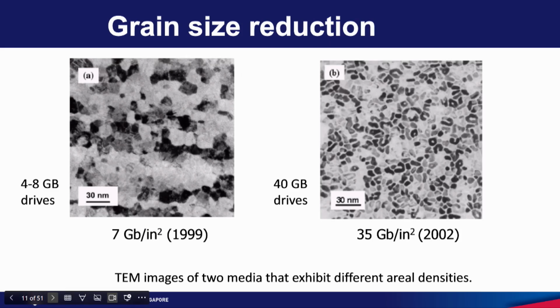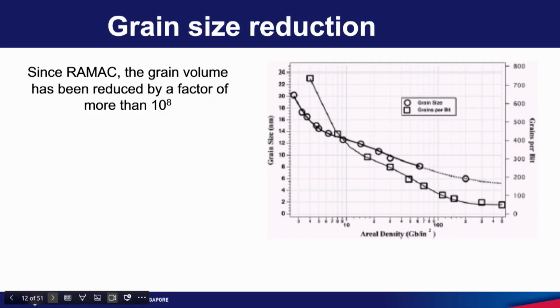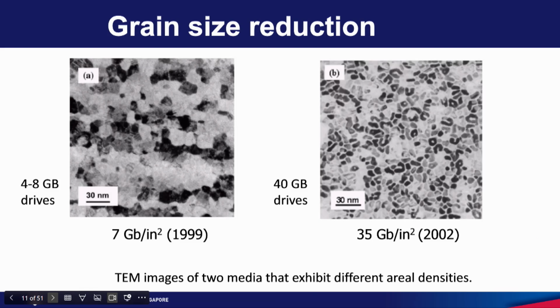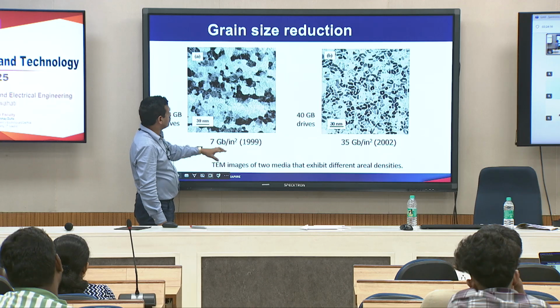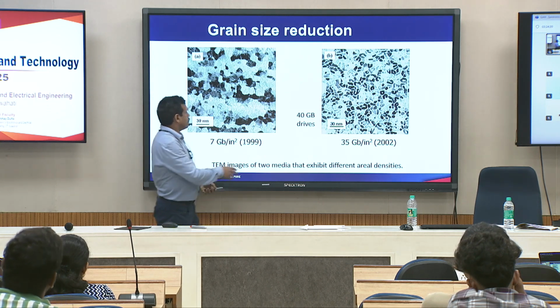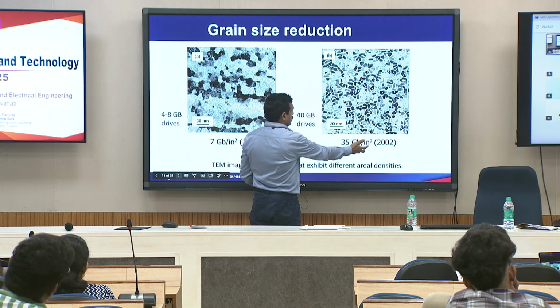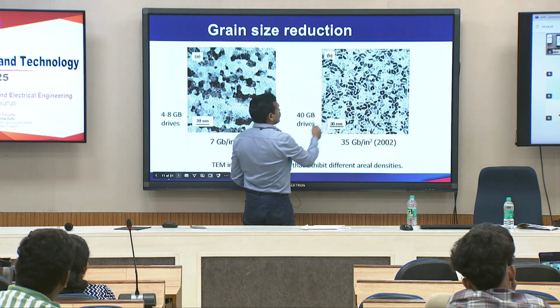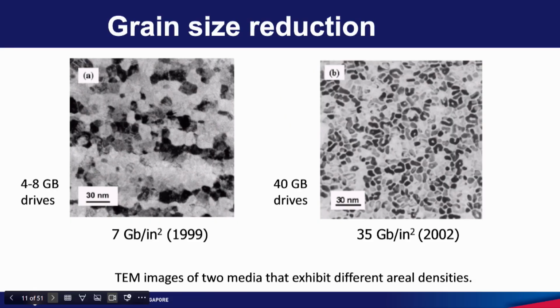This is one real life example. Suppose I look at the grains of this technology, where you store 7 gigabit in a square inch. In this technology you can see the grains are bigger, but if you go to another better technology you can see the grains are smaller, very well separated and so on.